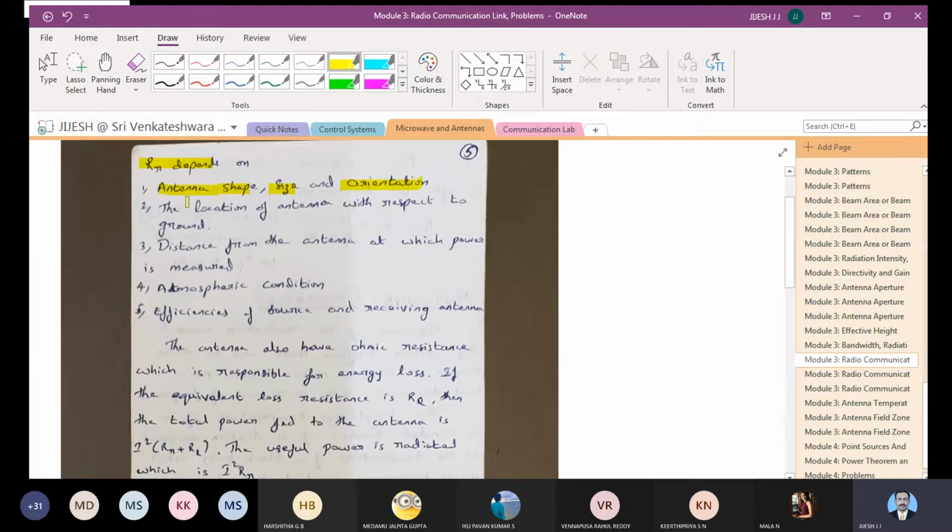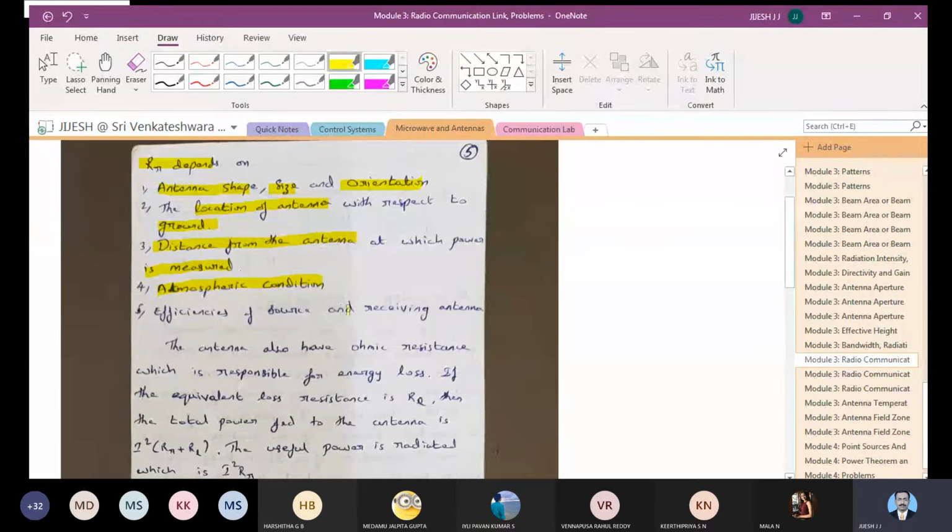Radiation resistance also depends on the location of the antenna with respect to the ground. The third point is the distance from the antenna at which the power is measured. The fourth point is atmospheric conditions. And the fifth point is the effectiveness of the source and receiving antenna.